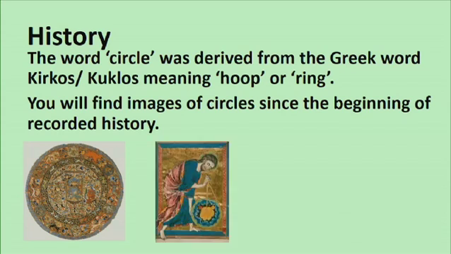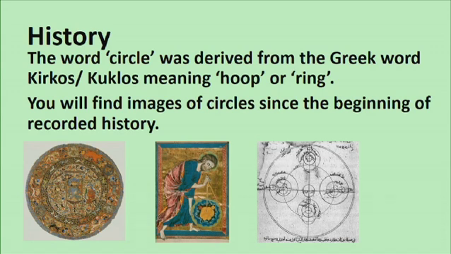This one is a painting titled God as Architect from the 13th century. And this one shows circles in an Arabic astronomical drawing from the 14th century. As you can see, circles existed a long time back.